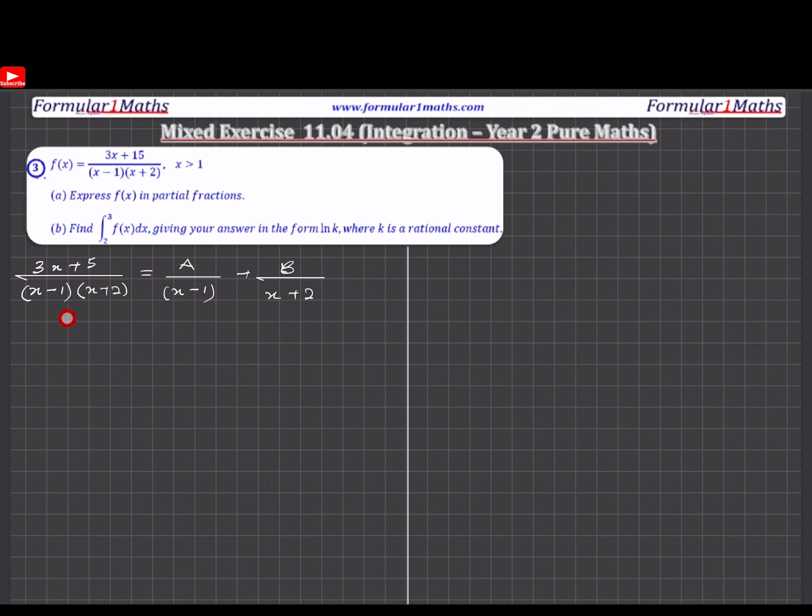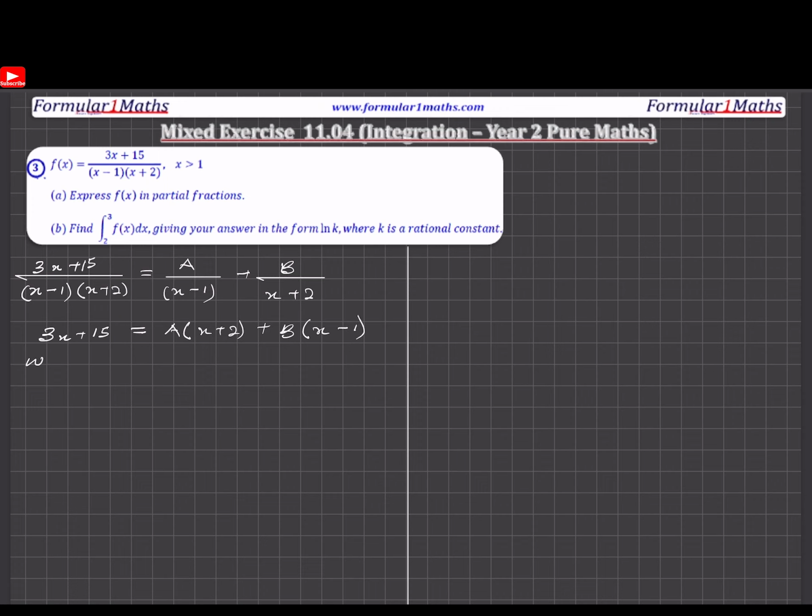Now I multiply through by the denominator of the left-hand side. So if I do that, I'm going to get 3x plus 15 equal to a times x plus 2 plus b times x minus 1.